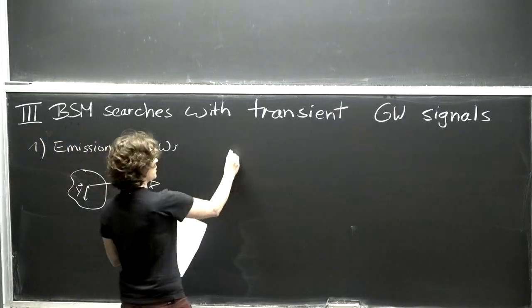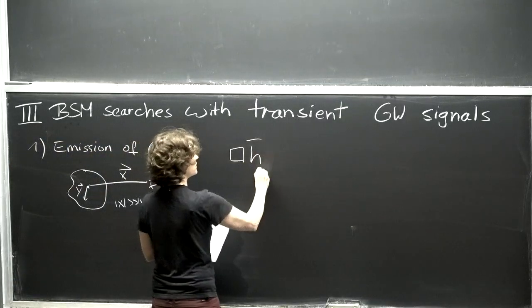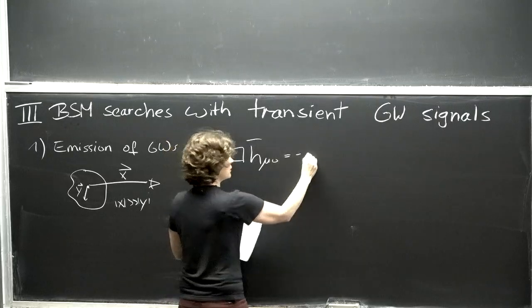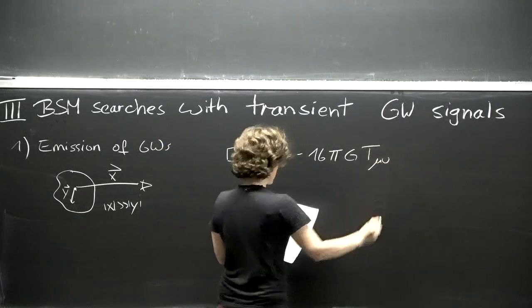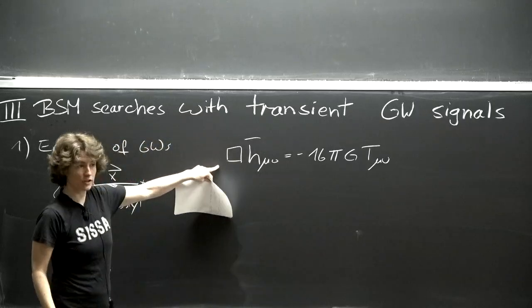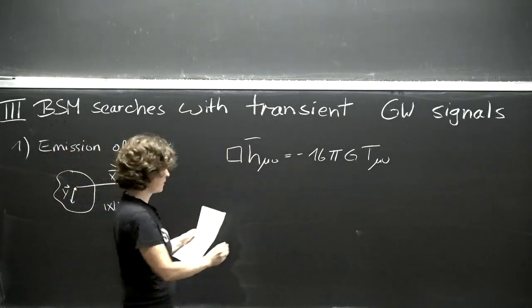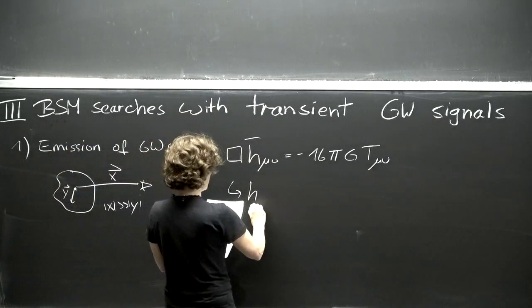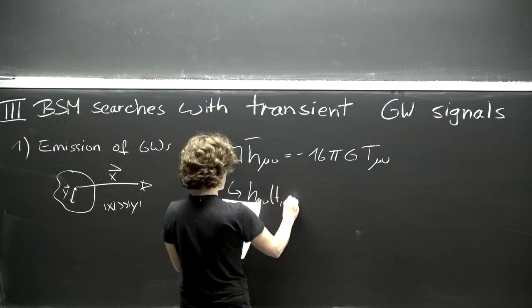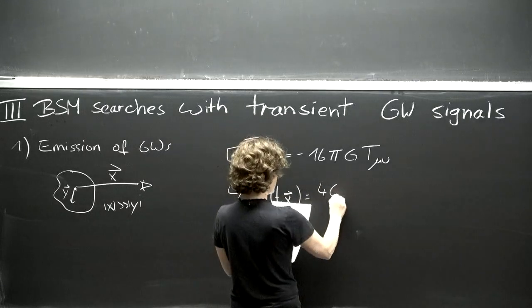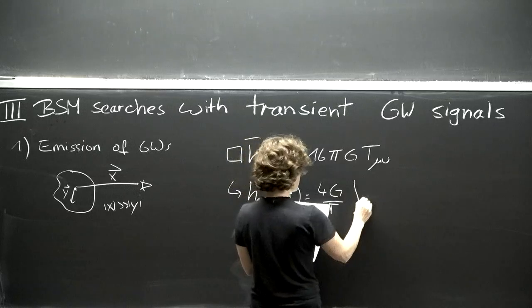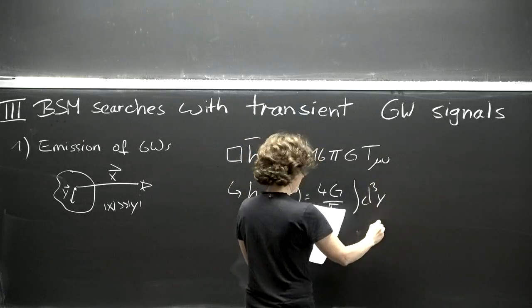And then what we can do is the exact same thing as we do in electromagnetism in the far field limit. We have our equation of motion, box h bar mu nu is minus 16 pi G T mu nu. We can solve this with the Green's function for the box operator. So then we get h mu nu, formally solved, as 4G over r integral over the source.